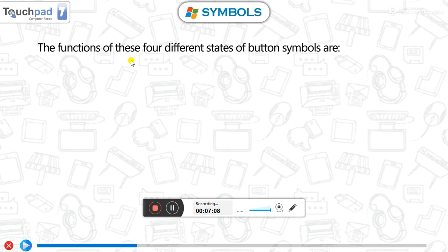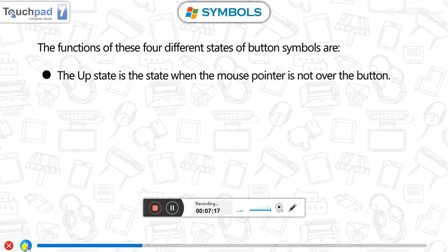Now these four different states of button symbols are: first, the up state. The up state is the state when the mouse pointer is not over the button.